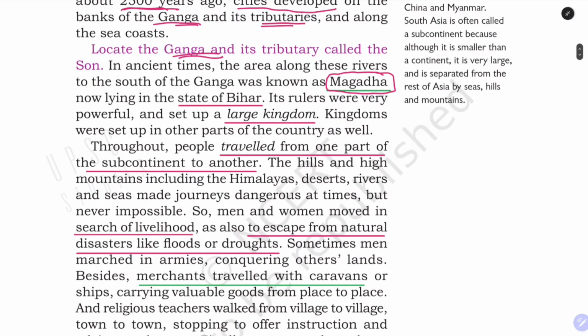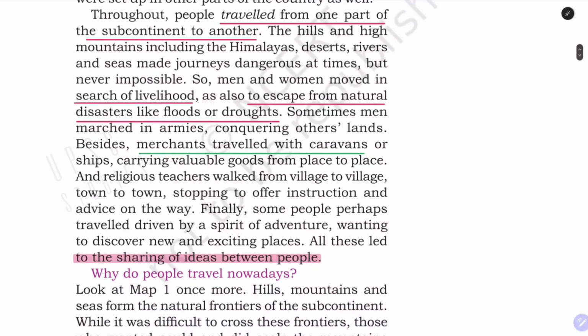We know that people traveled from one part of the subcontinent to another, across the hills, the high mountains. Like we know that we have the Himalayas, deserts, rivers. So why did people move? Yeah, they moved in search of livelihood, to escape from natural disasters like flood or drought. Or sometimes they marched in armies, conquering other lands. And also the merchants traveled with caravans to sell things.